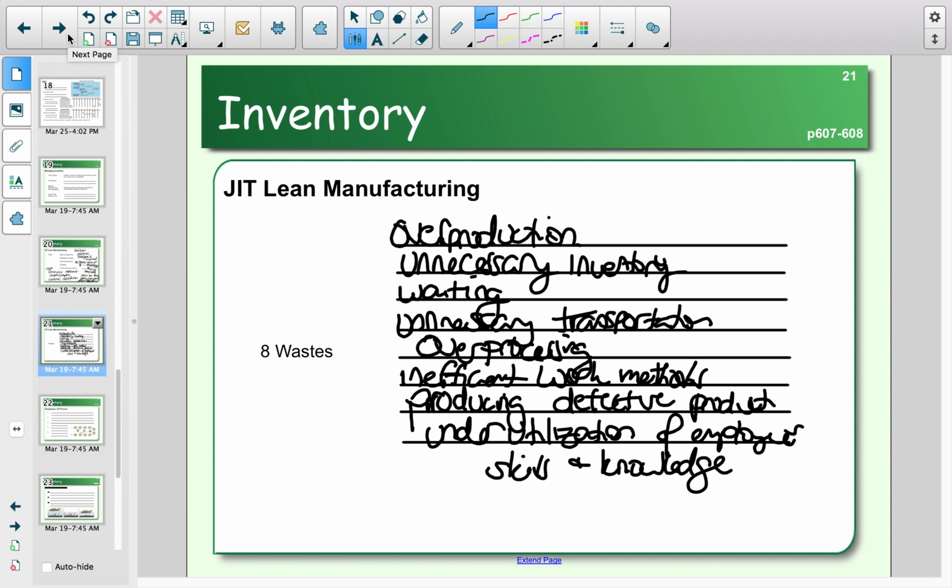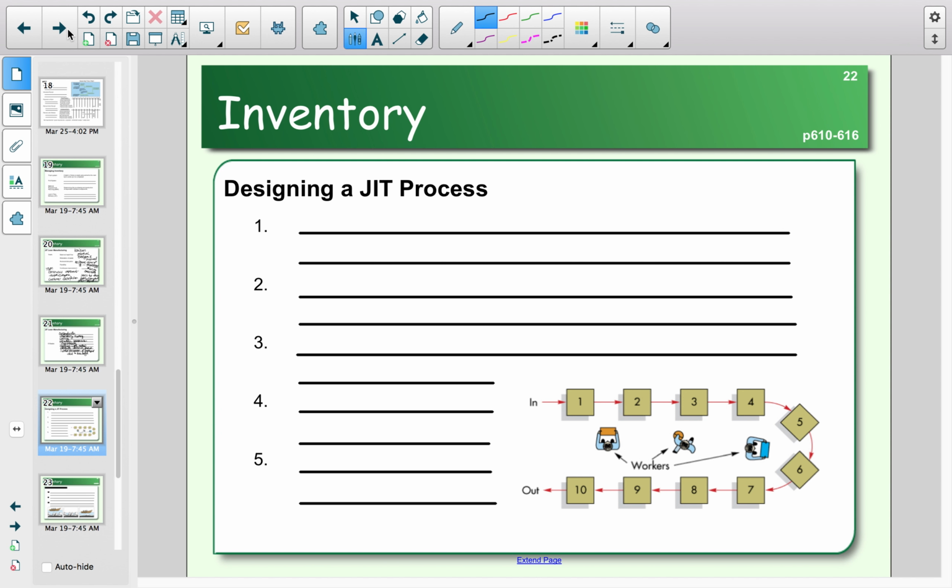So let's talk about how we do that. How do we design a just-in-time process? Well, to design a just-in-time process, we want to make sure that we balance the workload across workstations.